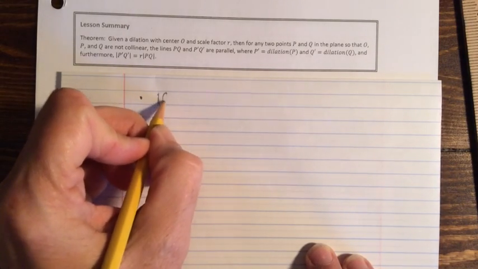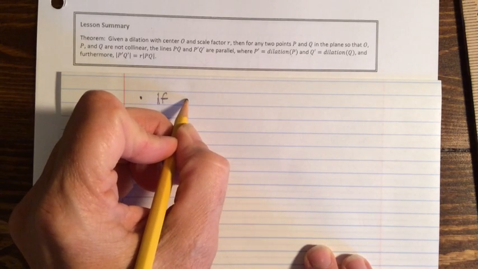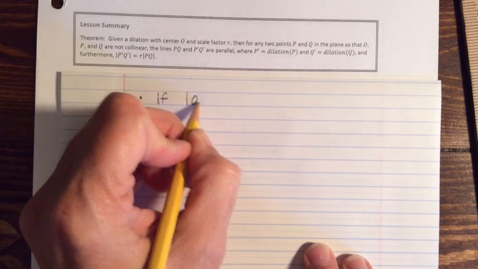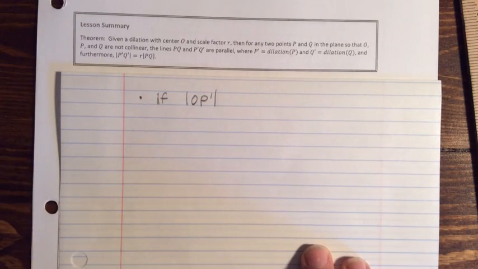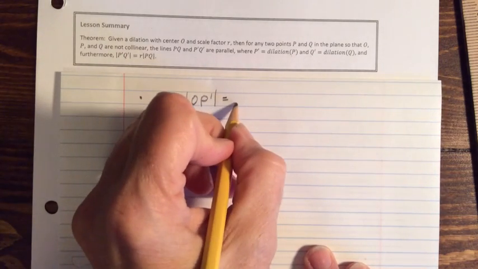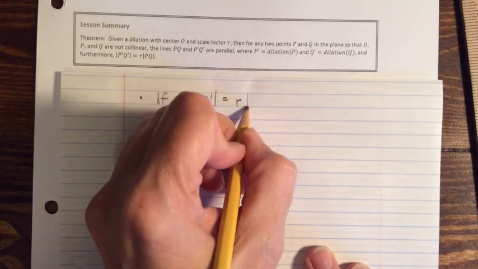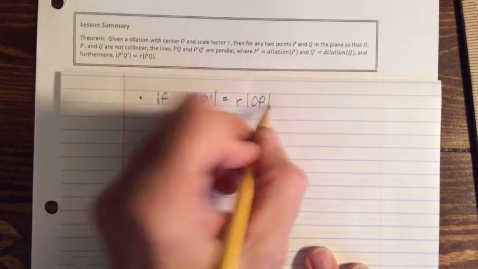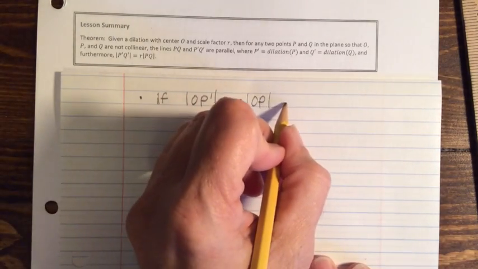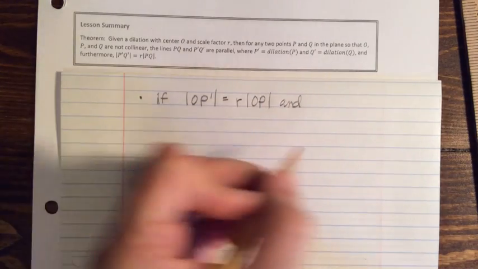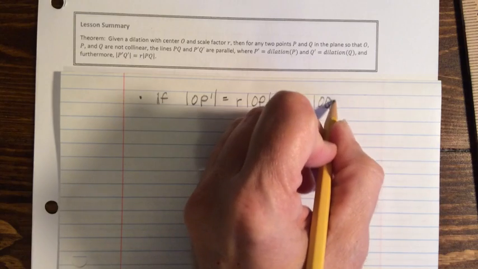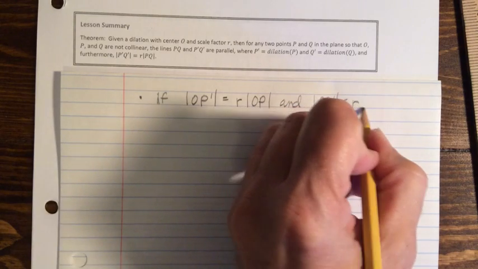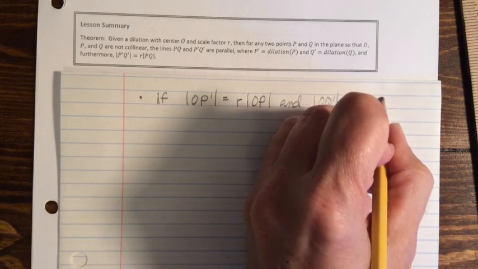So by saying we have a dilation, what we're saying is that the length of OP prime is equal to R times the length OP, and we have another point Q such that the length of OQ prime is the scale factor times OQ.